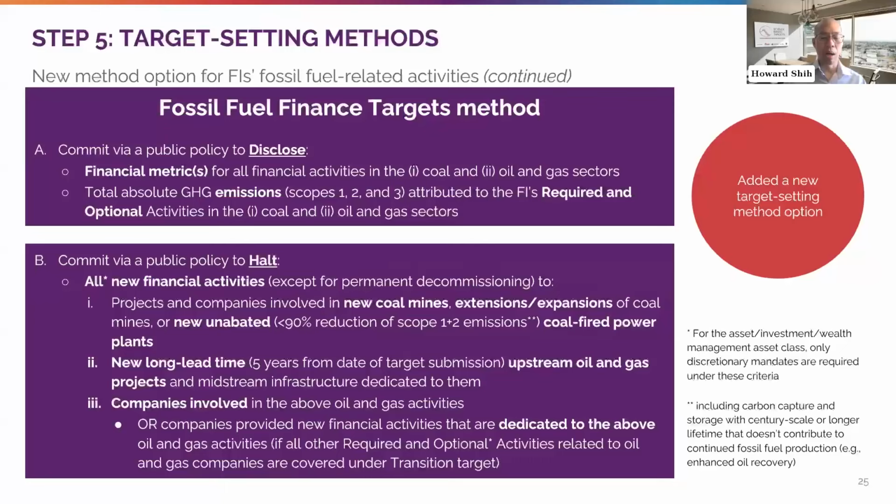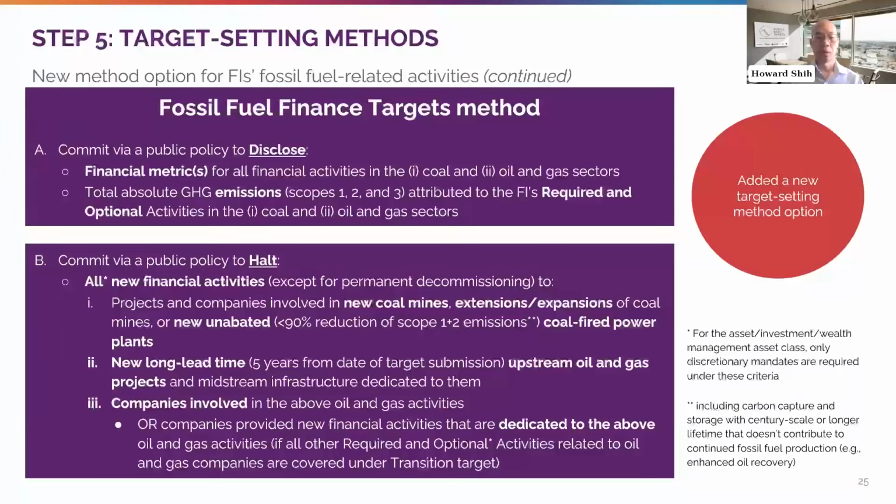Must publish a policy prior to target submission that commits to disclose 2 things. So one is a financial metric for all of the FI's activities that are related to projects and companies in the coal sector, as well as the oil and gas sector. So for example, that would just be the dollar amount of loans or investments and AUM.